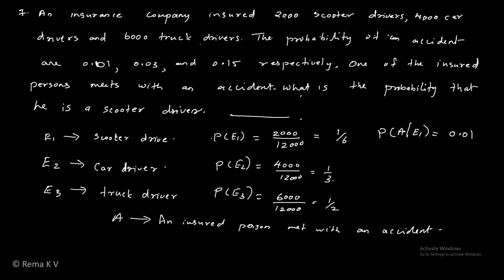The probabilities of an accident are 0.01, 0.03 and 0.15 respectively. So here probability of A given E2 is 0.03 and probability of A given E3 is 0.15.